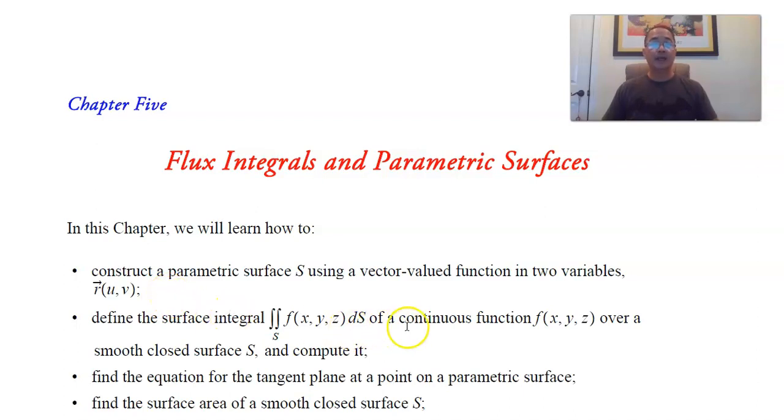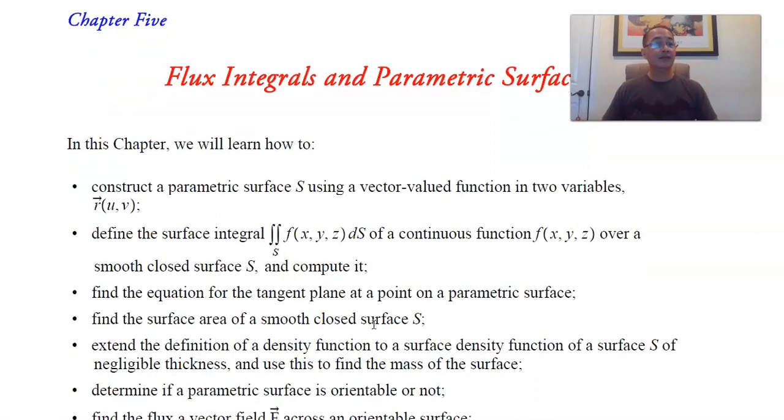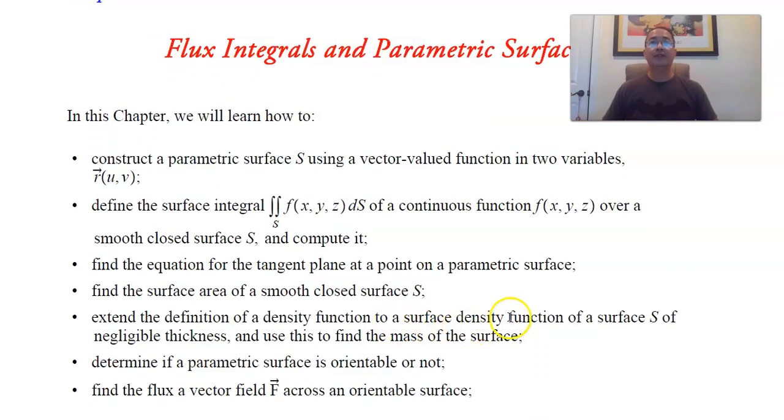We are going to make a surface integral for a scalar function, and instead of dx, dy, or d little s, we have d capital S. We are going to find derivatives for parametric surfaces and construct tangent planes.